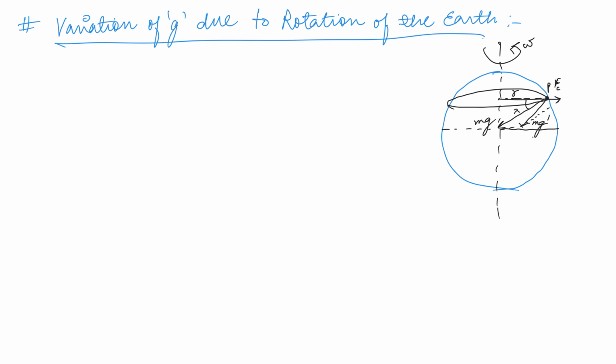So at poles lambda will be 90 degrees, because if you calculate the angle from here, and at the equator lambda will be 0.